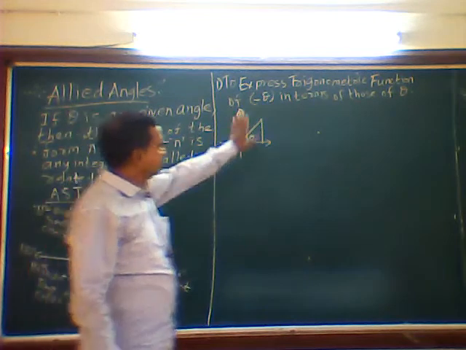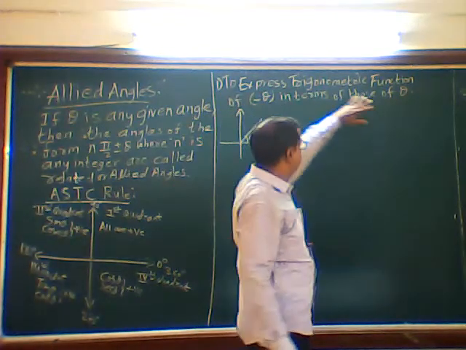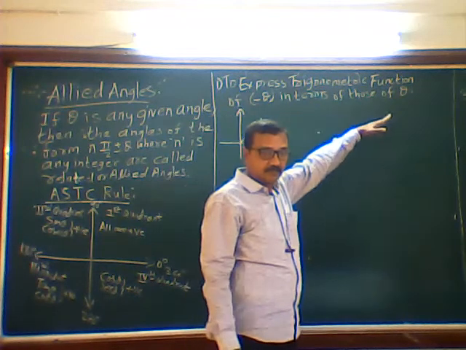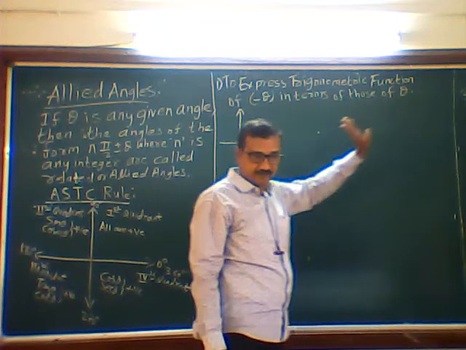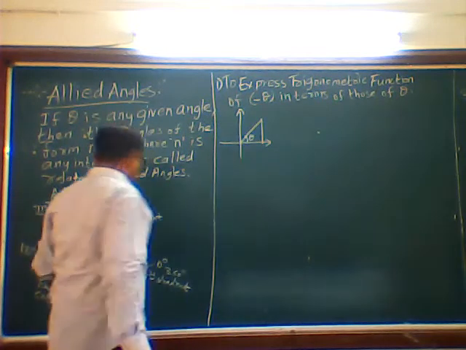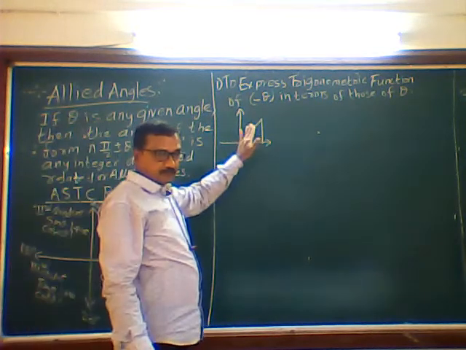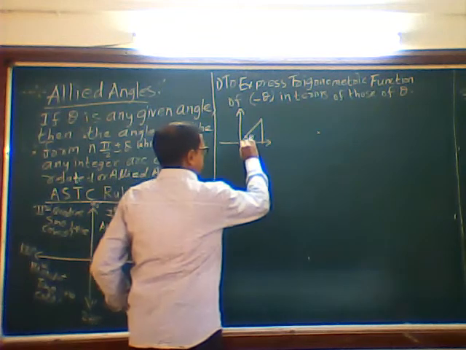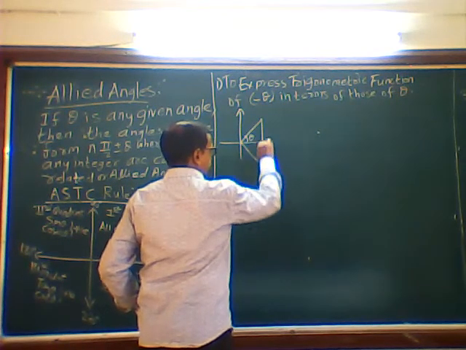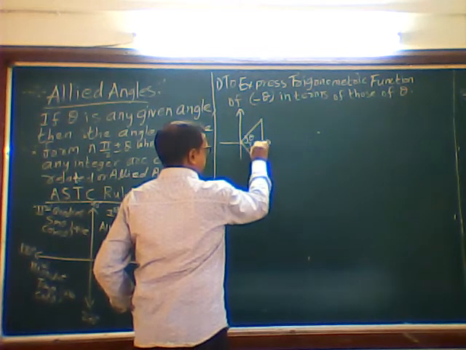Now he is asking the question to express trigonometric functions of minus theta in terms of theta. Means in terms of theta you are going to write the answer. Now according to this diagram, always this is all positive. Theta is positive. I will draw the mirror image here, negative.